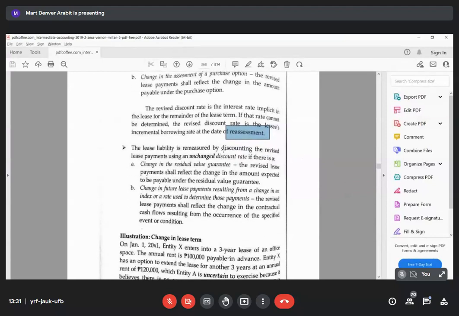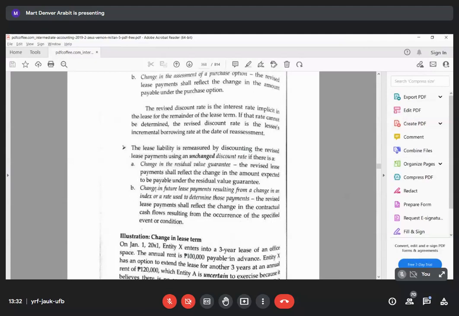And next is the lease liability is remeasured by discounting the revised lease payment using an unchanged discount rate. If there is a change in residual value guarantee, the revised lease payment shall reflect the change in the amount expected to be payable under the residual value guarantee.